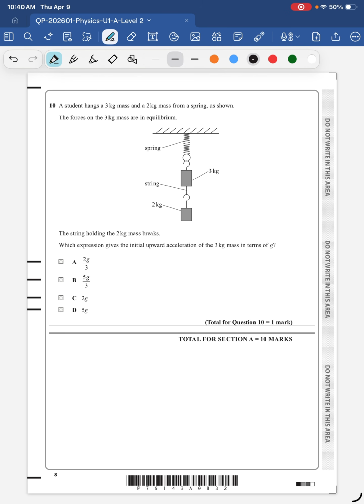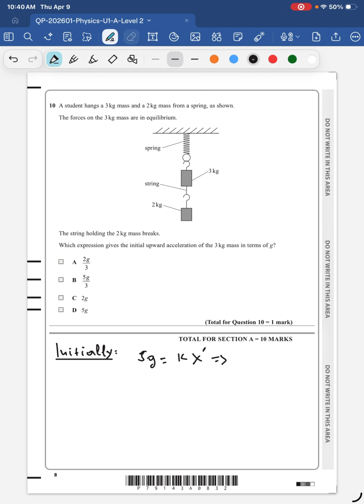Which expression gives the initial upward acceleration of the 3 kilograms mass in terms of g? Okay, so in the initial scenario, before the string breaks, we have the forces, the weight of the two masses, so 5g is equal to k times the extension of the spring.